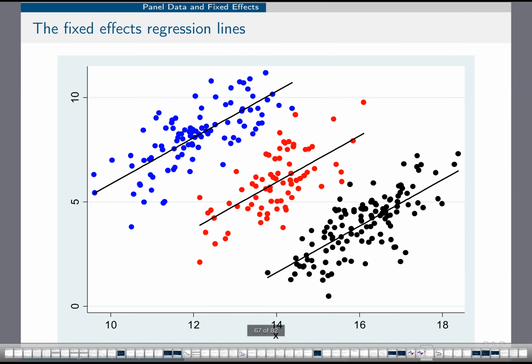For the second bunch of data, the second state, the red line, we run another regression. And for the third one, we run another regression. This is the result we have. Now we will have a positive delta for each of the states.